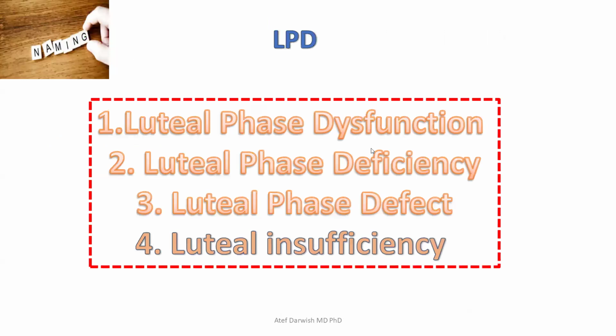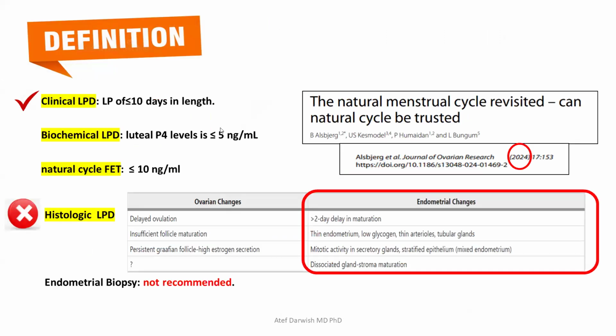So luteal phase defect is dysfunction, deficiency of progesterone, or luteal insufficiency. It is defined clinically as a luteal phase of 10 days or less, or biochemically, if the mid-luteal serum progesterone, day 21, is 5 nanograms per milliliter or less, or a combination of both clinical and biochemical.